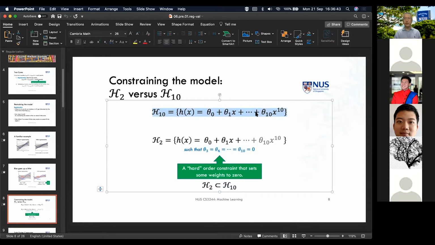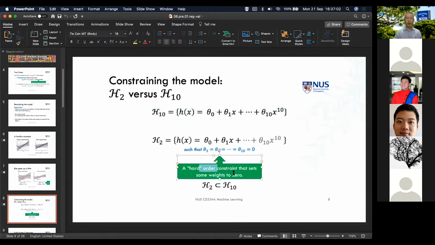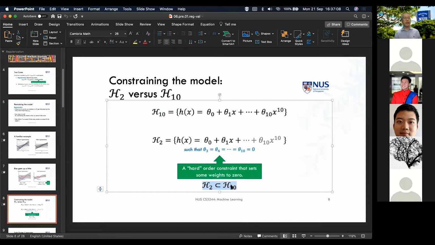So our H2 class is actually the same as the H10 class, just with certain coefficients turned off. So in some ways, we are already doing some constraining when we move back from H10. We say H2 is a better fit than H10, but that only means that we've just turned off some weights. So we can see that H2 is a proper subset of H10 already.